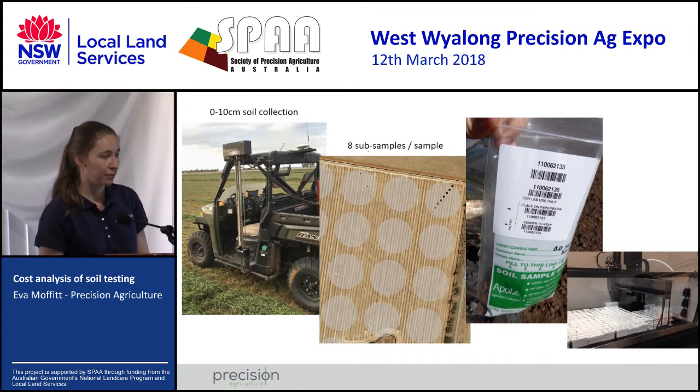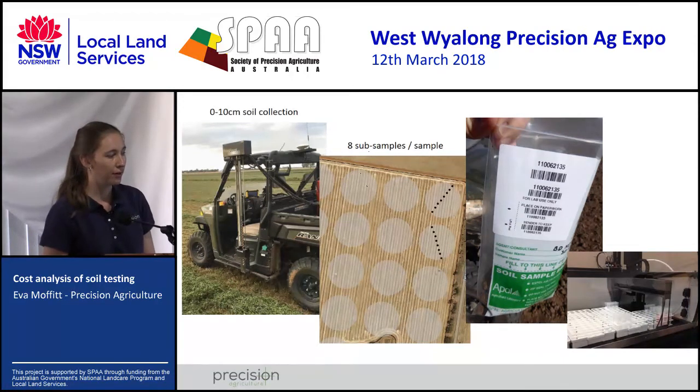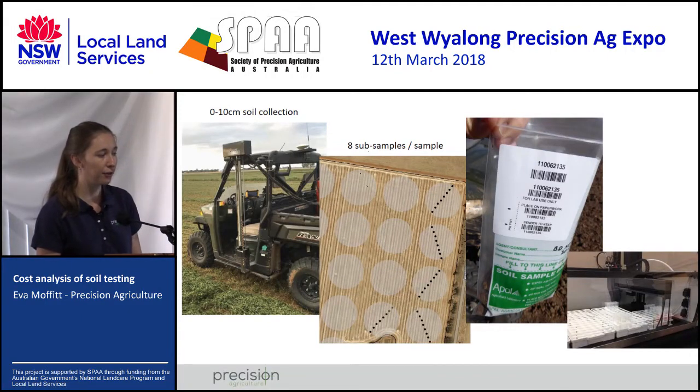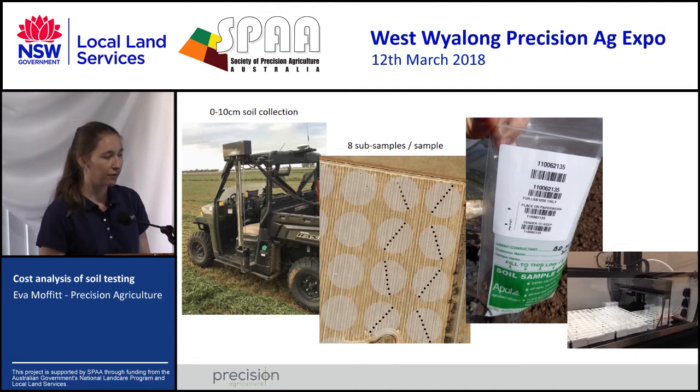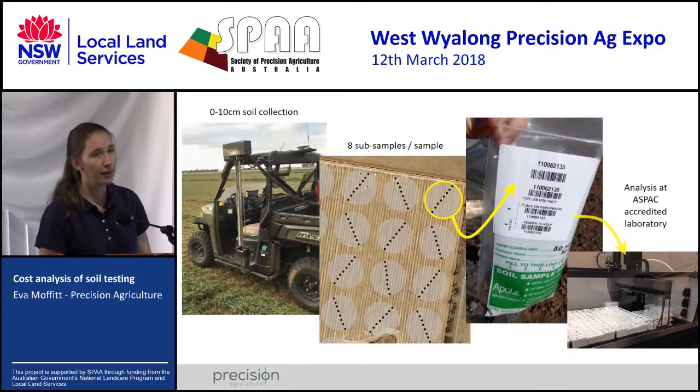We take 8 subsamples per sample, so the field technician will have that sampling plan loaded up on their GPS in the bike. They'll go to the start of the mini transect, collect their 8 soil samples. Those go to a bag which is barcoded, scanned and sent to the laboratory for wet chemistry analysis.